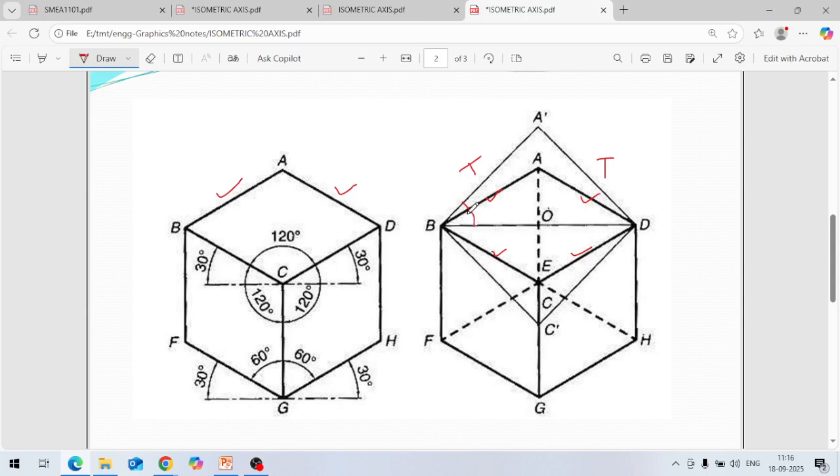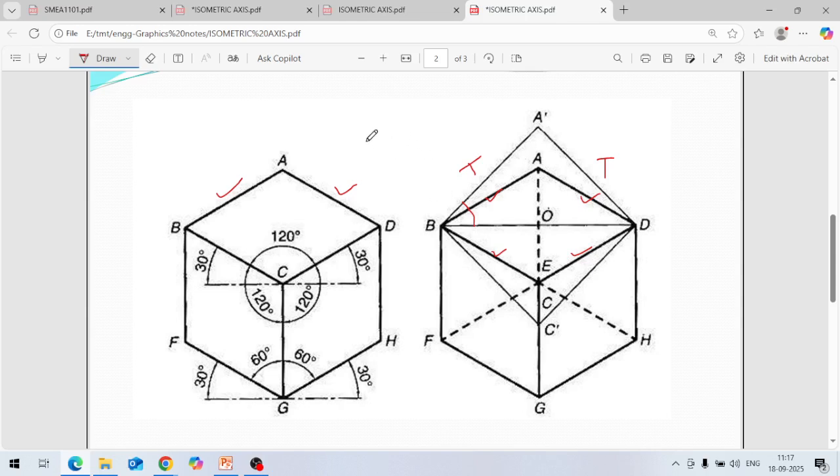Because this angle is 45 degrees here, these lines BA dash and A dash D are equal, and similarly BC dash and DC dash are also equal. So these four lines are equal, which means this is a square.